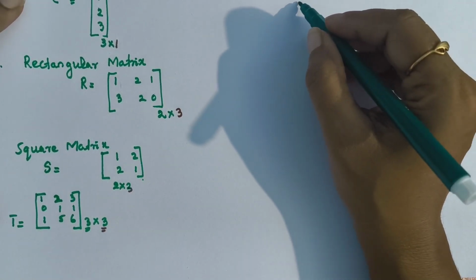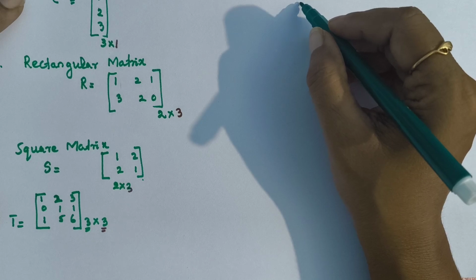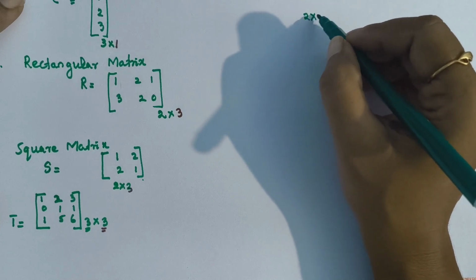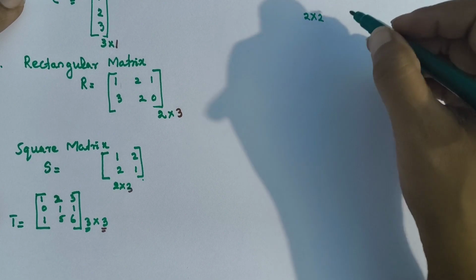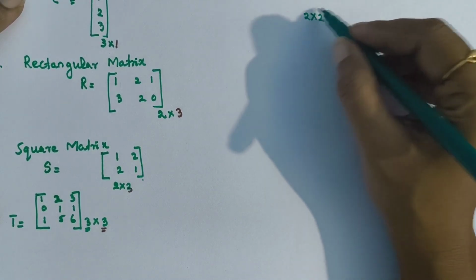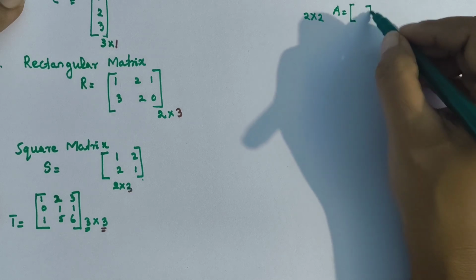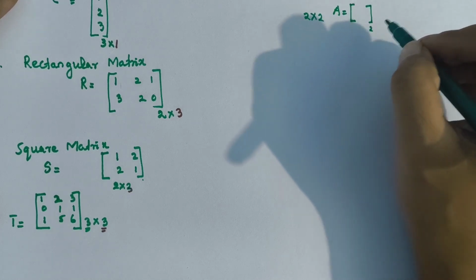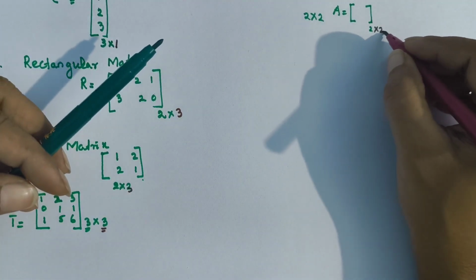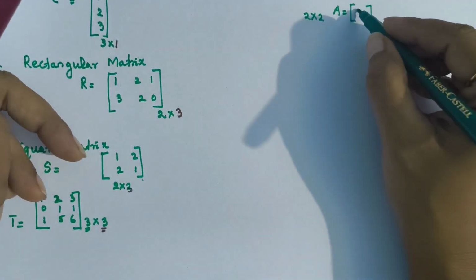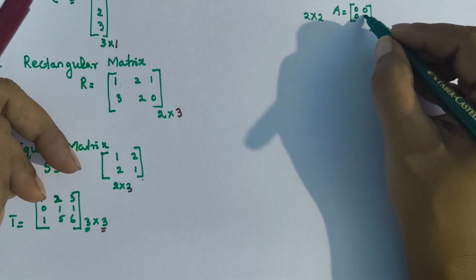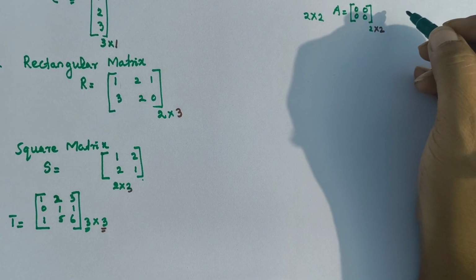If you were asked to give a 2 by 2 null matrix, let's suppose A is a 2 by 2 null matrix. It means you will have 2 rows and 2 columns full of the element 0.